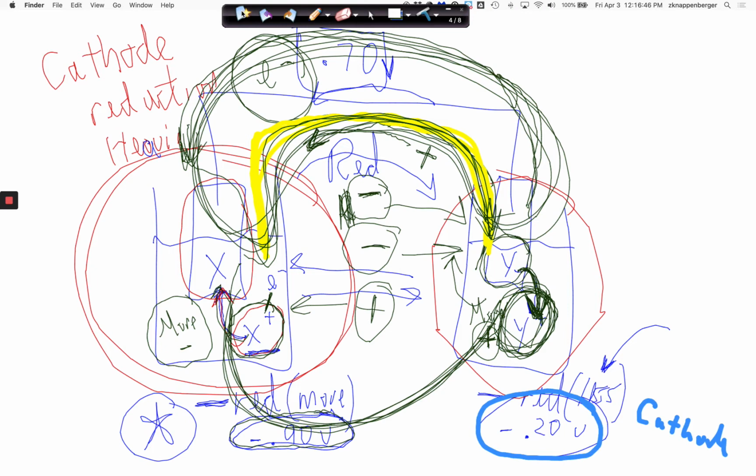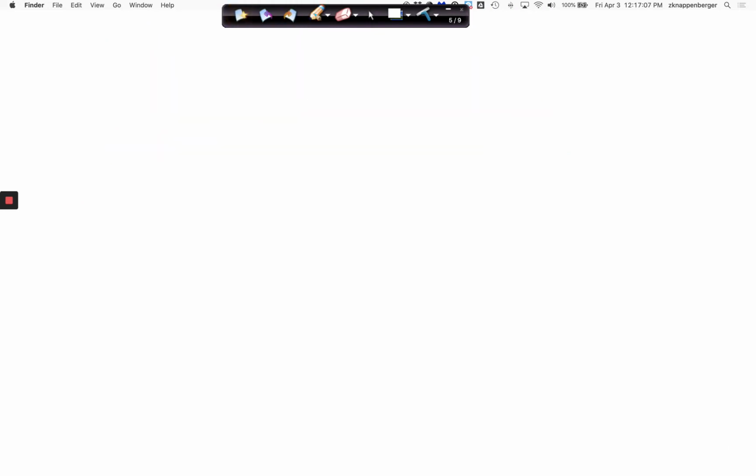So what I want to do is go back and talk with you about how these voltages, these reduction potentials, determine which side will be the anode and which side will be the cathode.